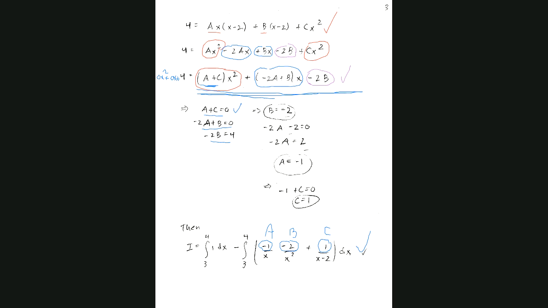You can't have an x term, so negative 2a plus b would have to be 0. And then negative 2b, that constant, would have to be equal to 4. It relates to relating the coefficients of your terms to what you have on the left side. Does that make reasonable sense? So it just depends. All right, good question.